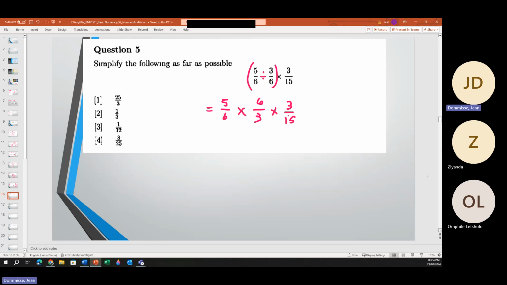You guys are allowed to use your calculators. Just remember that with your calculators, do it nearly step by step. I know the Sharp calculator allows you guys to put in fractions. So do it to say 5/6 as a fraction, divide by 3/6, get an answer, and then you multiply it by 3 over 15 if you want to use the fractions.